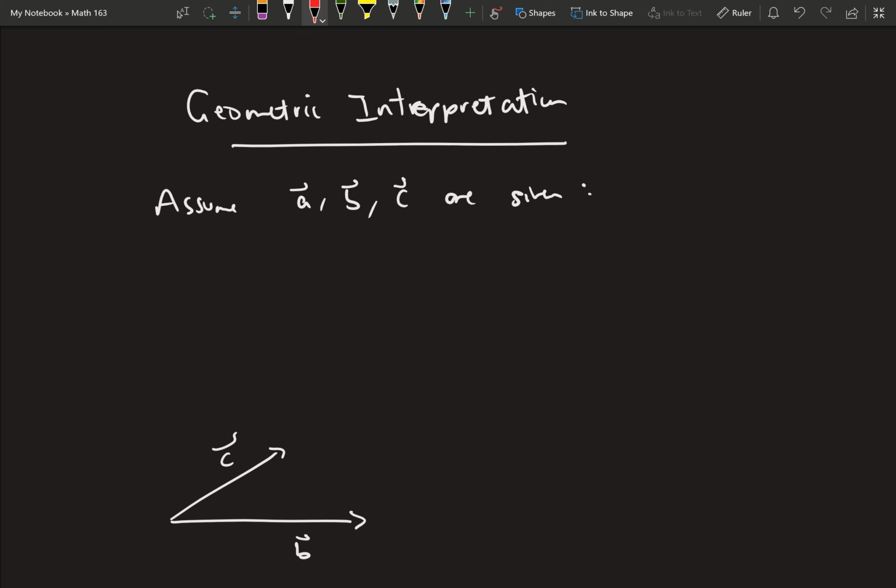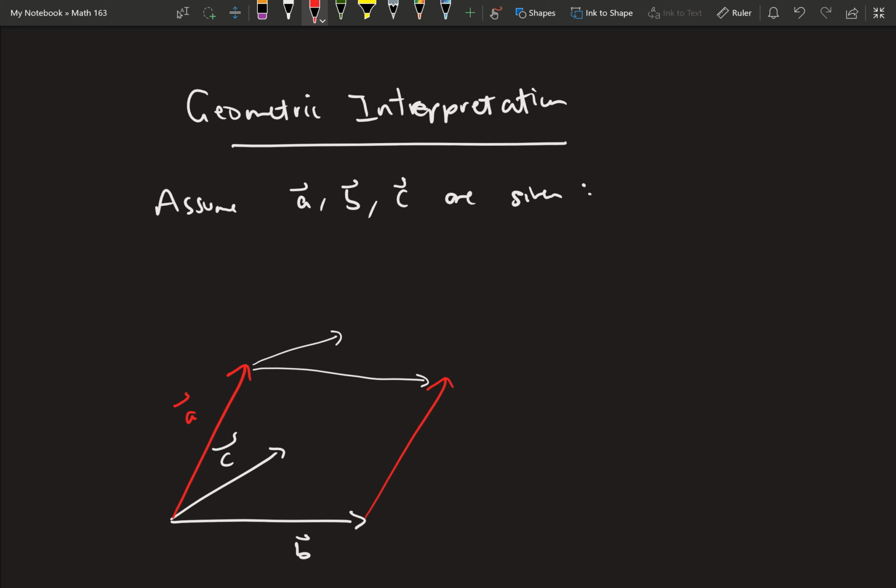And let's take another color and draw A above. Let's say A is somewhere here above. You could draw what's called a parallelepiped. Think of it like a tilted block. So here's another copy of B. Here's another copy of C. And here's another copy of A.